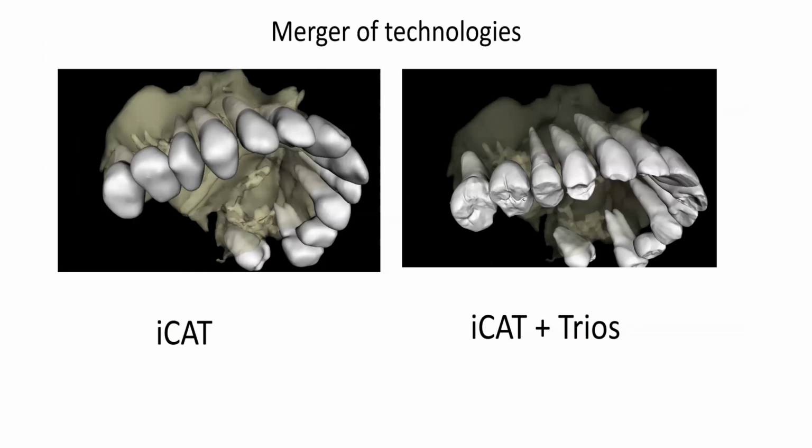We're able to many times merge and stitch intraoral scanning, whether it be Trios or iTero, whatever machine you have, with the cone beam. So we'll send this to Osteoid as well. And so the great advantage is the detail of the occlusion.